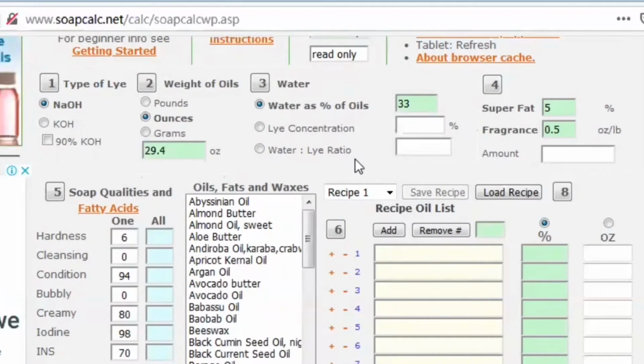The more you make soap, the more you get to understand that working with water to lye ratio makes more sense, but that is for a later part when you're more advanced. As you can see above, there's 0.5 ounce of fragrance, but I always put my fragrance to 0 because I use a different calculator for that. And the standard set percentage for superfat is 5%, so I am just going to leave it as it is.